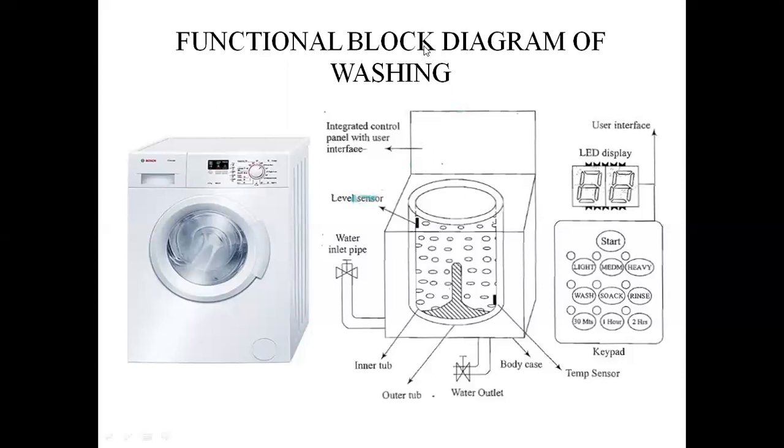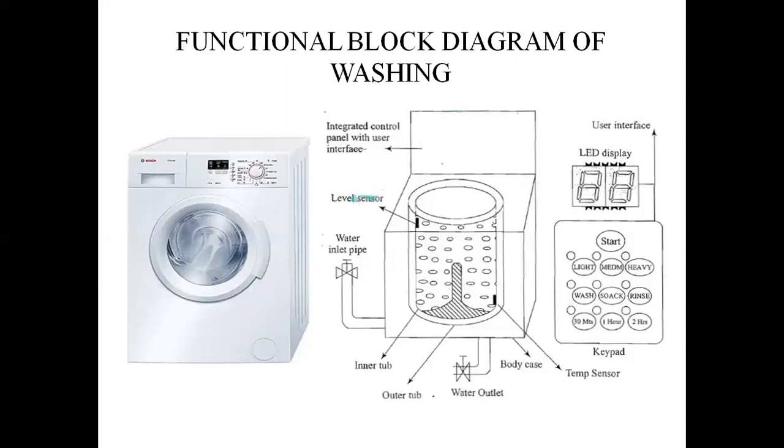So these are the keys for setting the washing machine, selecting the type of material to be washed like light, medium, heavy duty, or soak, rinse. User feedback is reflected through the display unit and the LEDs connected to the control board.